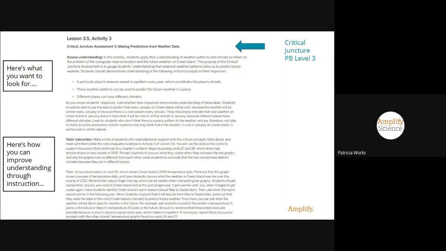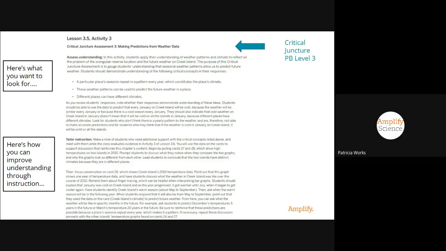Students should demonstrate understanding of the following critical concepts in their responses. A particular place's seasons repeat in a pattern every year, which constitutes the place's climate. These weather patterns can be used to predict the future weather in a place. And different places can have different climates.